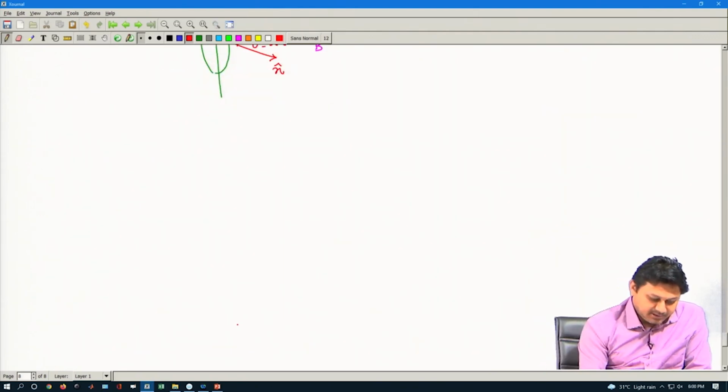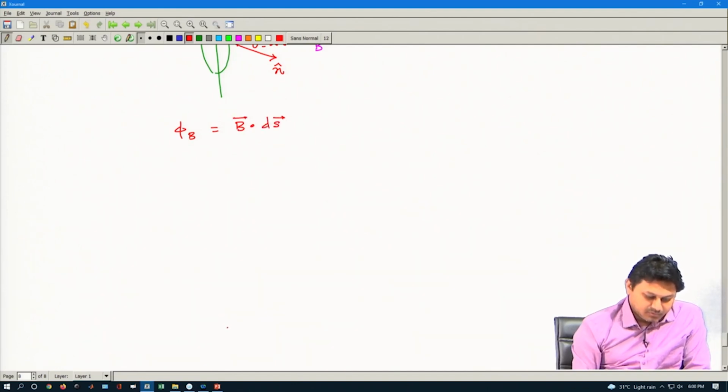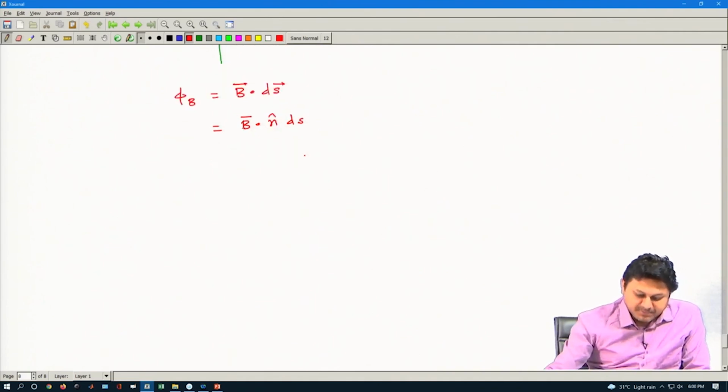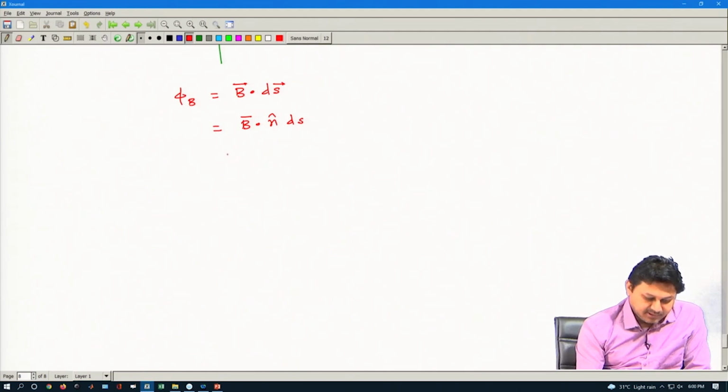So, the magnetic flux phi B for that system will be B dot dS. So, that means it is B dot unit vector n dS, and the angle between n and B is omega t.